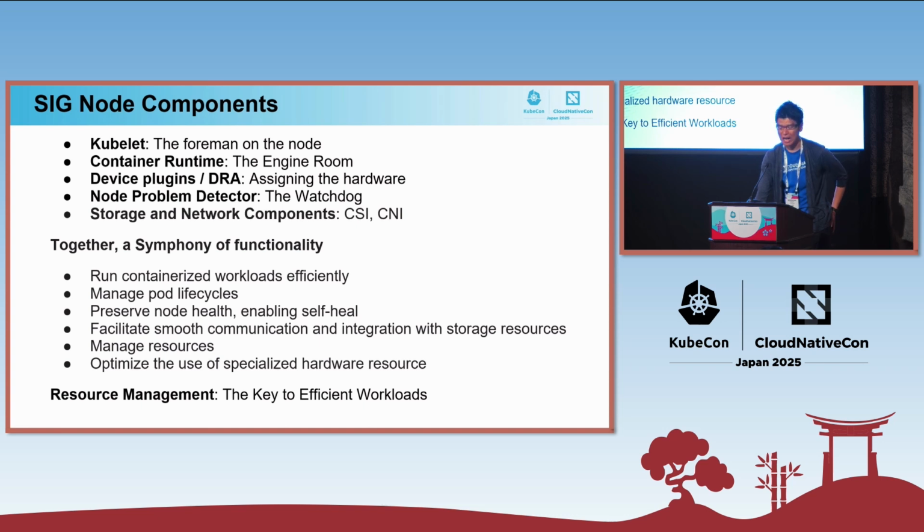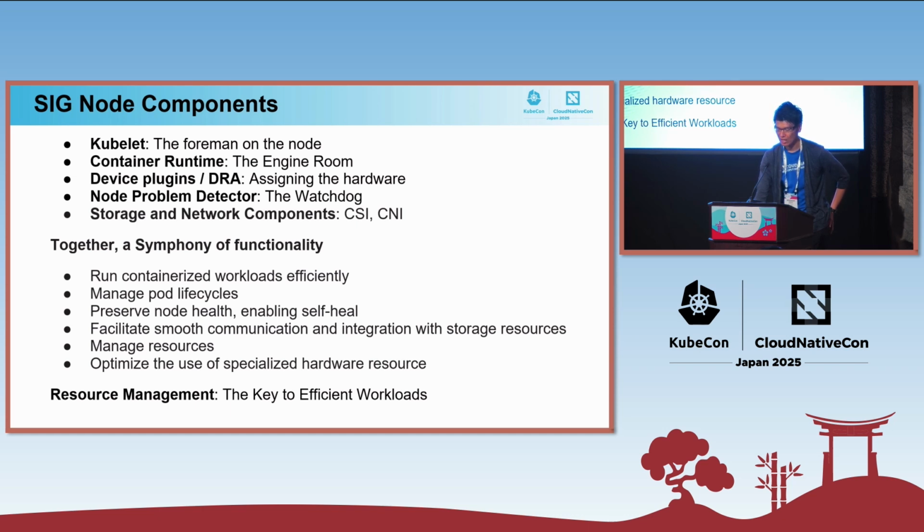What about special cargo, things like GPUs or FPGAs? That's where device plugins and DRA come in. They help assign specialized hardware to the right containers. To keep our ship safe, we have a watchdog, the node problem detector. It constantly monitors for node problems and reports back to the control plane.